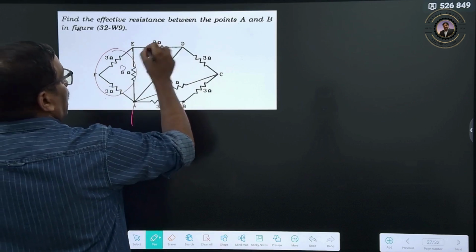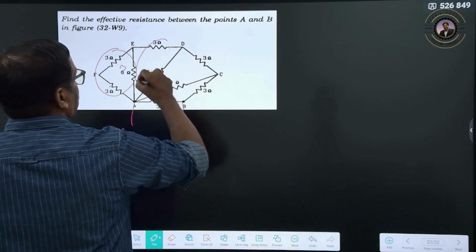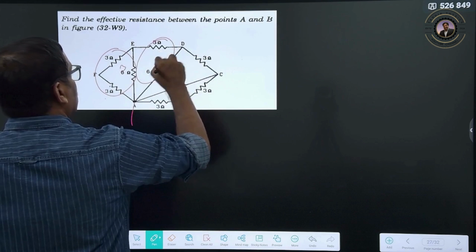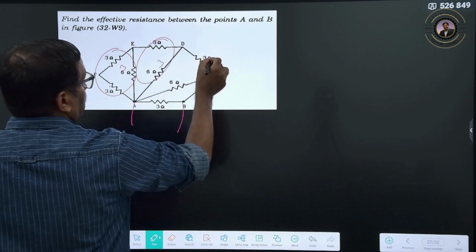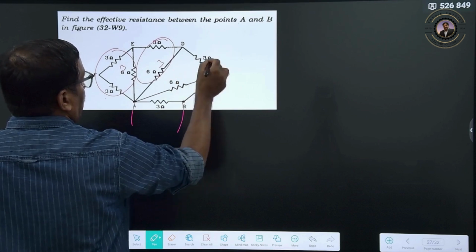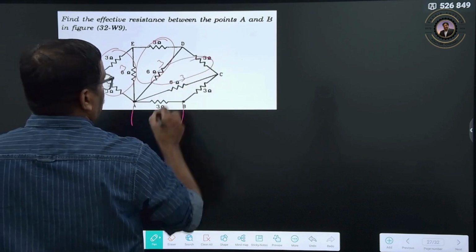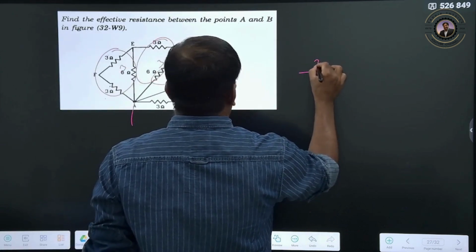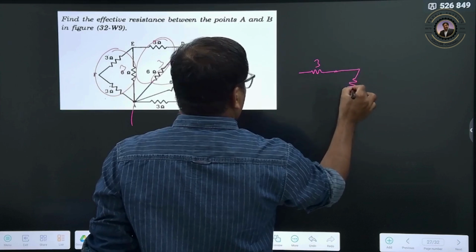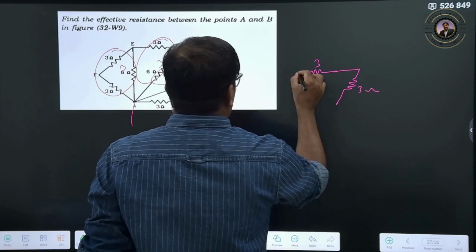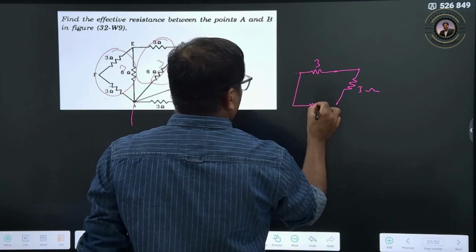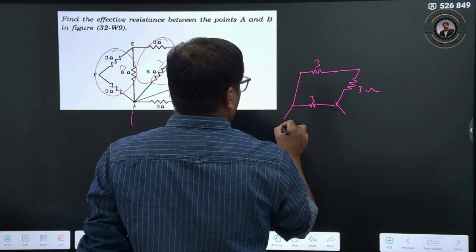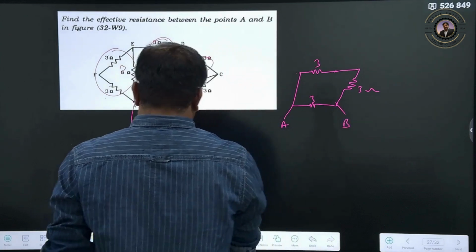3 plus 3, again 6. Again this part will become 3 ohms. Again 3 plus 3, 6. So 6 by 2, again this part will become 3 ohms. So this is 3 ohms and this is also 3 ohms, AB.